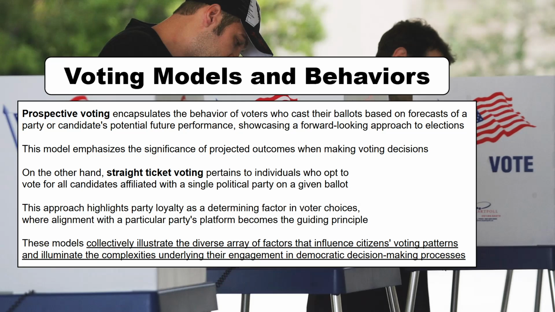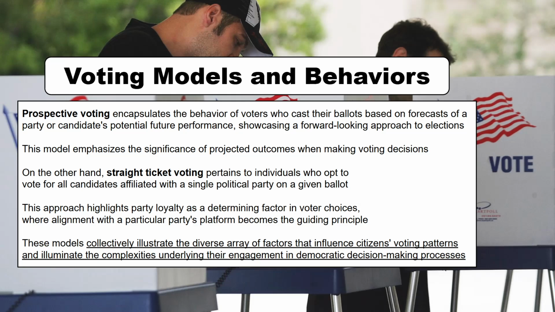Let's look at prospective voting here. One, maybe two, major key takeaways is that it's essentially the forward-looking counterpart to retrospective, right? Where retrospective asks, how did they do? Prospective asks, what will they do?